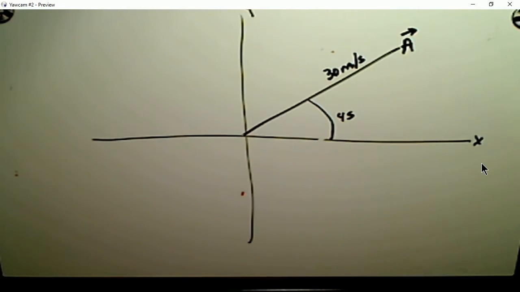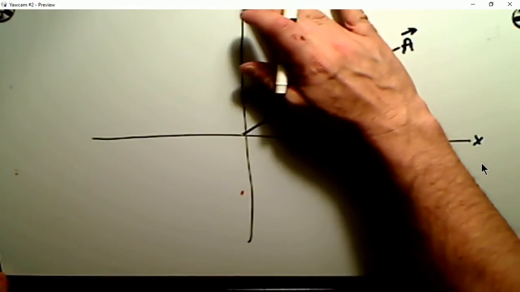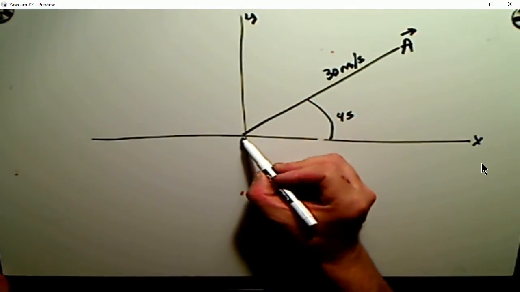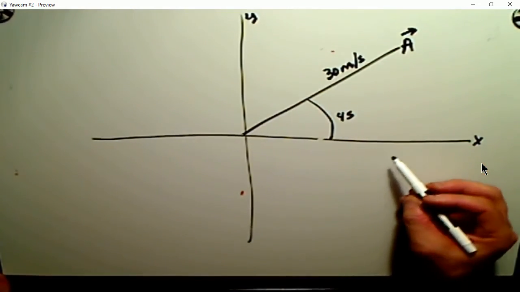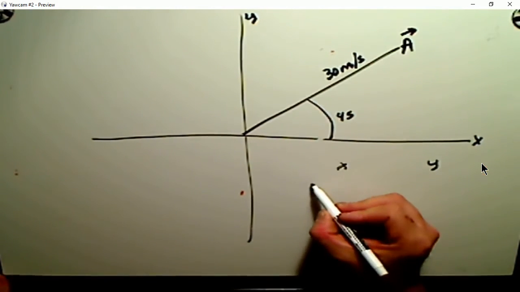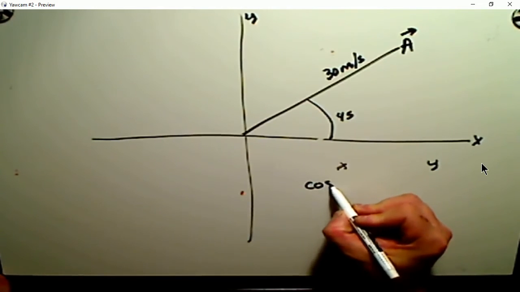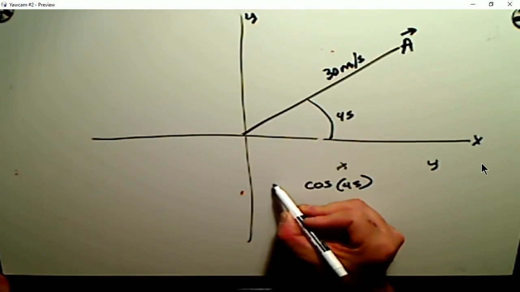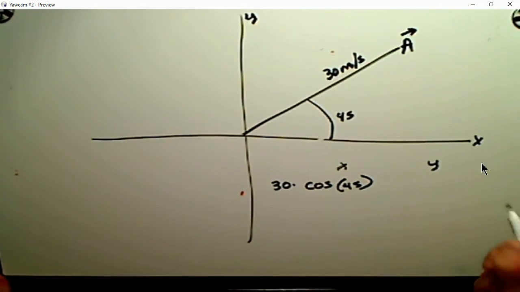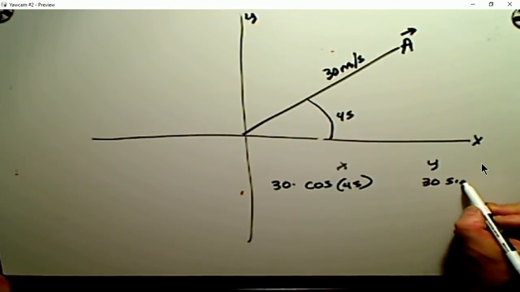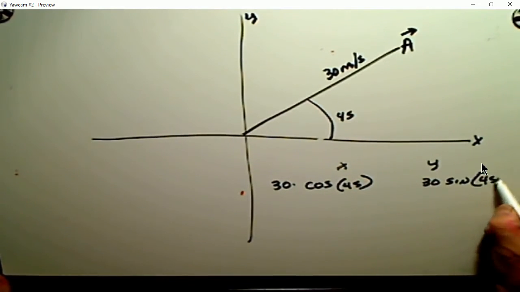Given that, if I have a vector, that's an easy one to describe, right? If we write our little matrix out, we can use cosine of 45, 30 times cosine of 45 in the x direction, 30 times sine of 45 in the y direction.